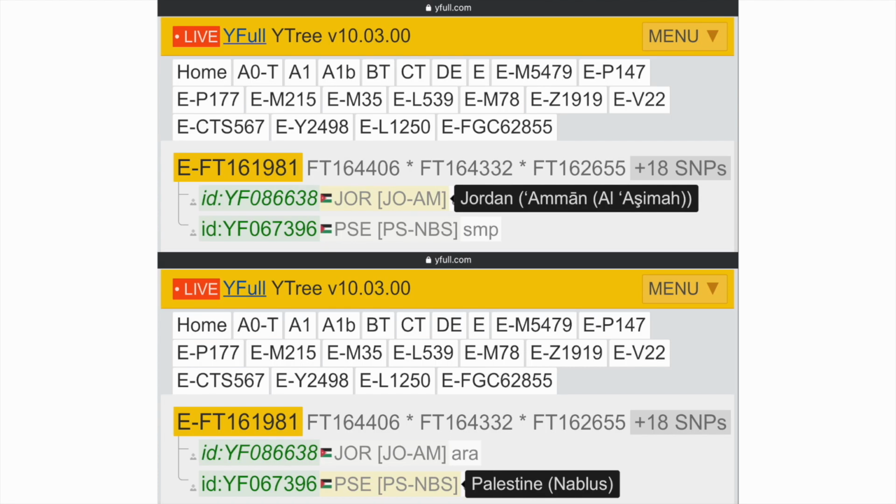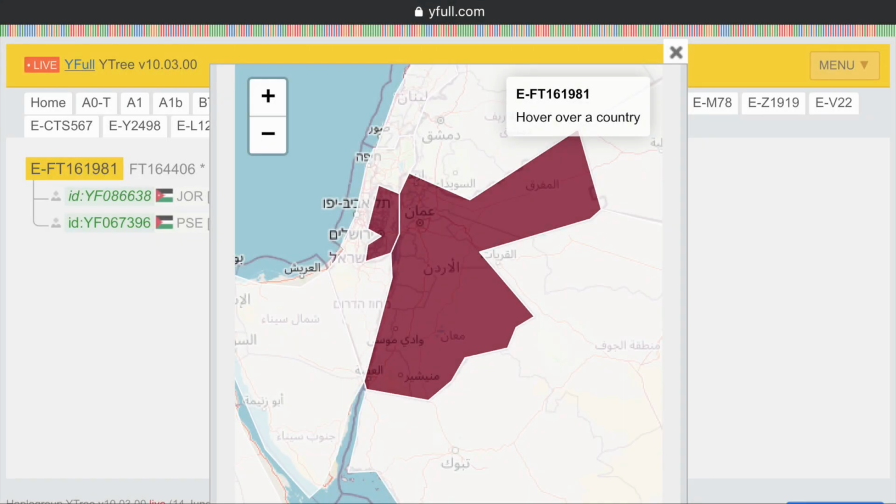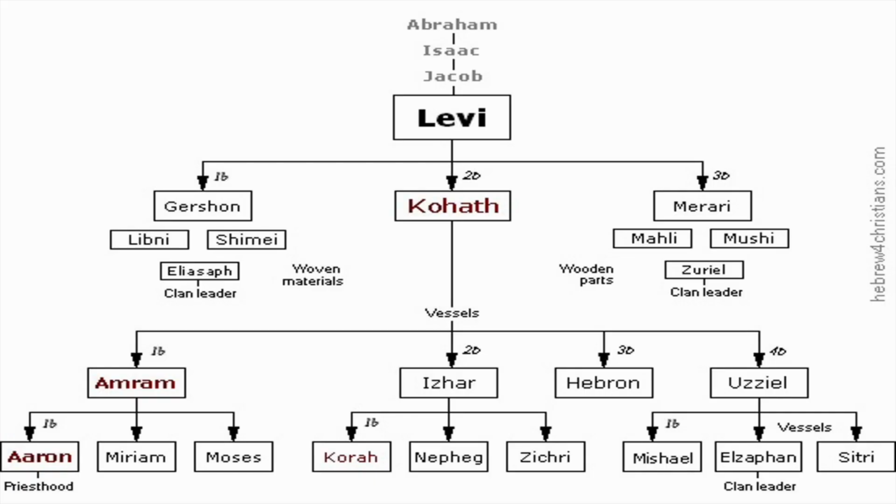That specific subclade of E-M78 that the Samaritans have is found in Jordan and Israel/Palestine, specifically Amman, Jordan, and Nablus, Palestine. So E-FT161981 is definitely a Levantine haplogroup in the land of Israel and Jordan, exclusively restricted to this region and not seen anywhere else.